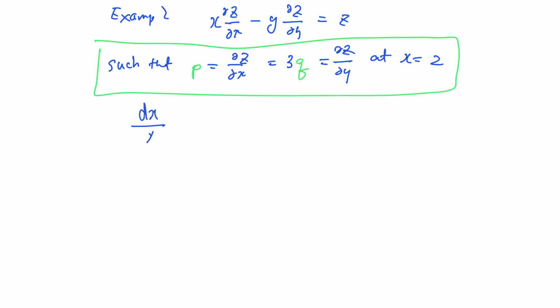dx over x, minus dy over y, equals dz over z.